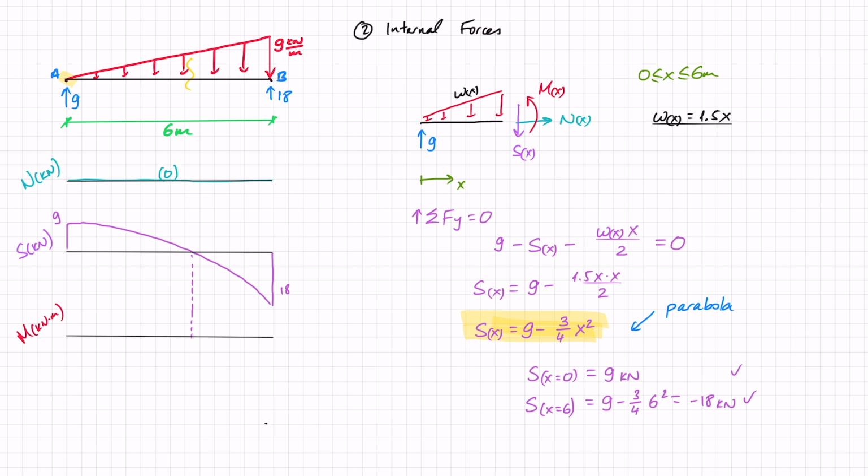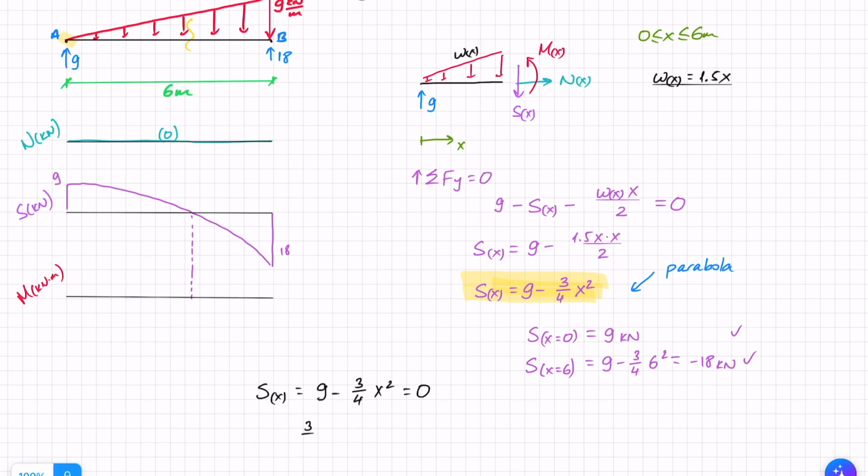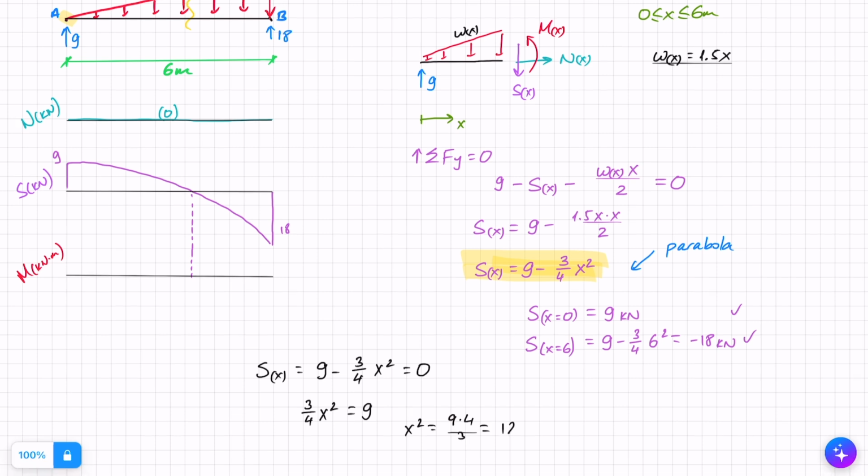So at what x does 9 minus 3/4 of x squared equal 0? So 3/4 of x squared needs to equal 9. x squared therefore equals 9 times 4 divided by 3, which is 12, and therefore x is plus or minus 3.46.